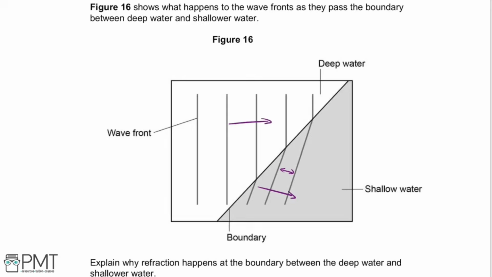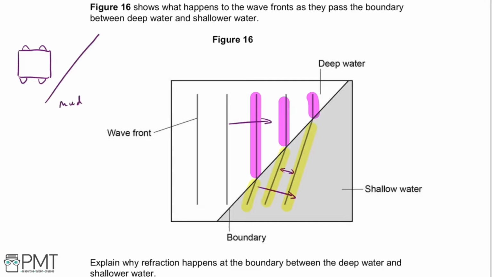Just looking back up at figure 16, you can see that these parts are the parts that have slowed down, whilst these parts have stayed the same speed. And the way I like to think about it is if you have a car or some sort of truck, and this is it from above, and it's going into mud, so this is a smooth road and that part's mud.